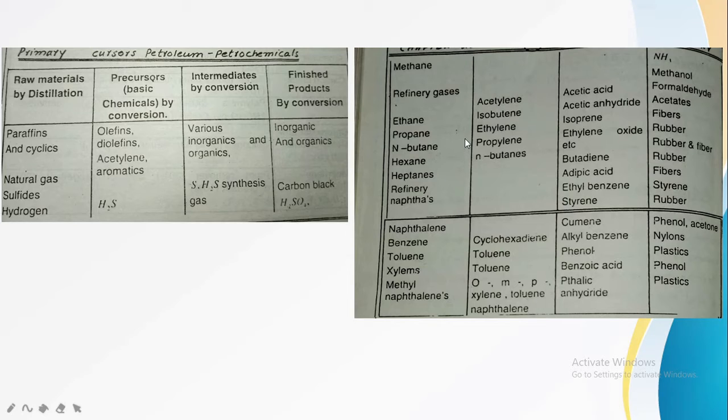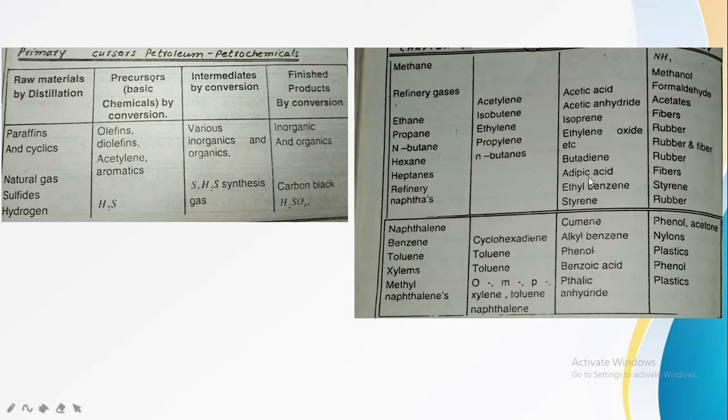Here, if you use the refinery gases, then ethane, propane and butane, hexane, heptanes and refinery naphthas will give acetylene, isobutylene, ethylene, propylene and butanes, and acetic acid, acetic anhydride, isoprene.